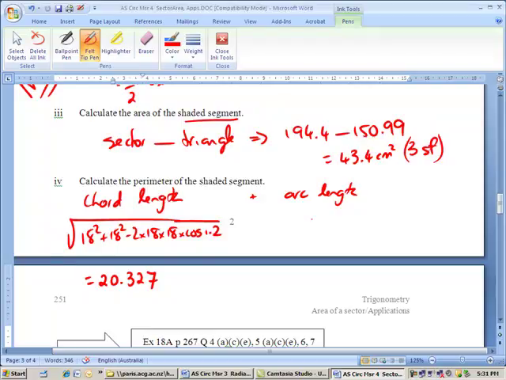The arc length, using the formula that we know, gives me 21.6. So joining these two together, we end up with our perimeter equaling 41.9.